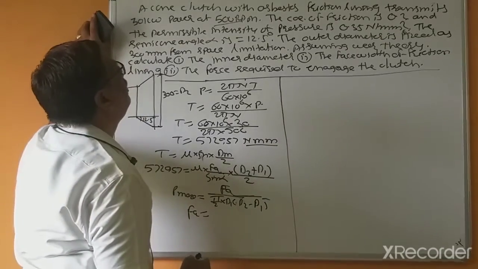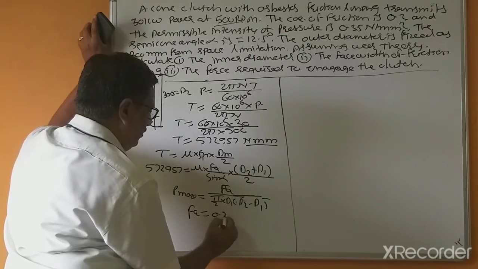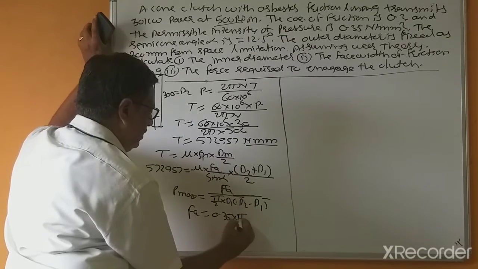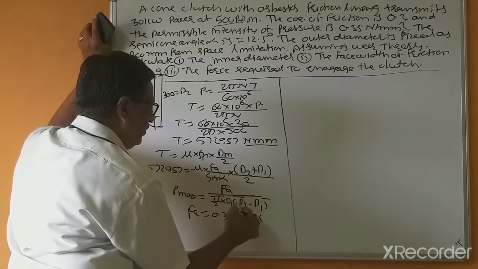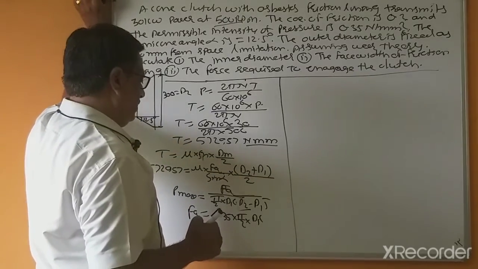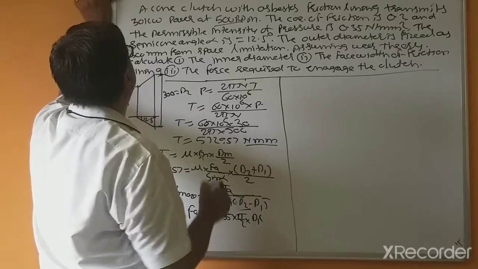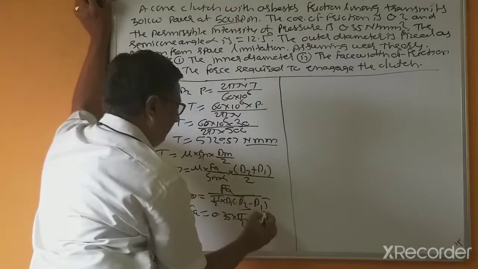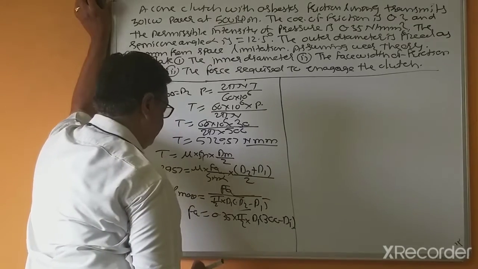Now Fa equal to 0.35 multiplied by pi by 2 into d2, 300 mm, minus inner diameter.